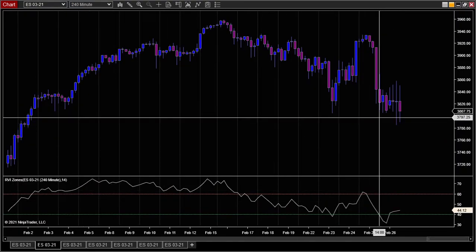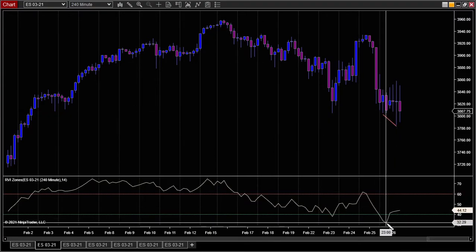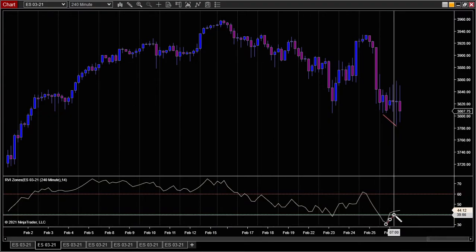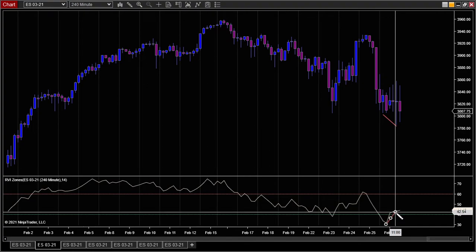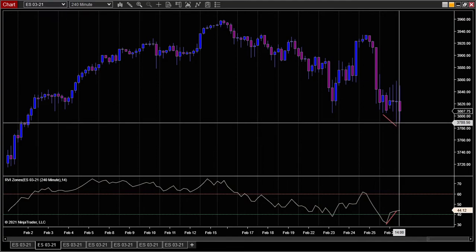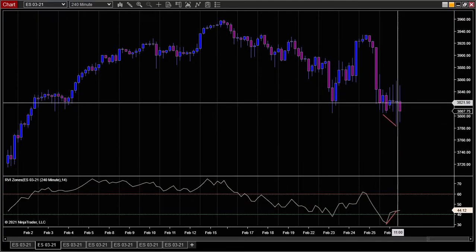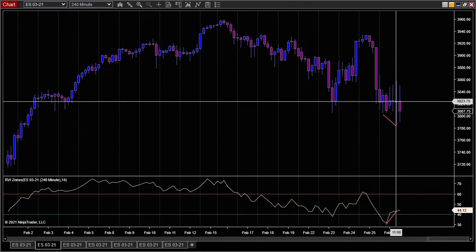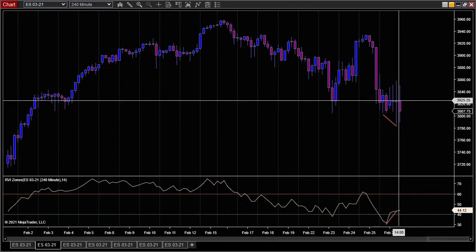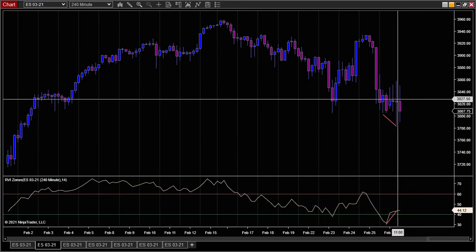On the 4-hour, we actually do have the beginning of what could be a bullish divergence. So 4 hours before the close on Friday, you did have an indication of a push, but again, it's a 4-hour candle. It closed up here, so you only would have been able to capitalize on that and get about 25 more points in that push.